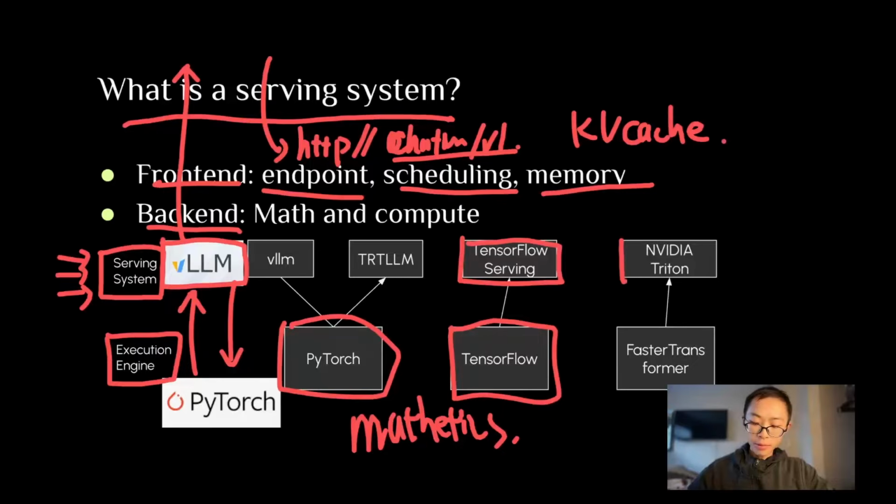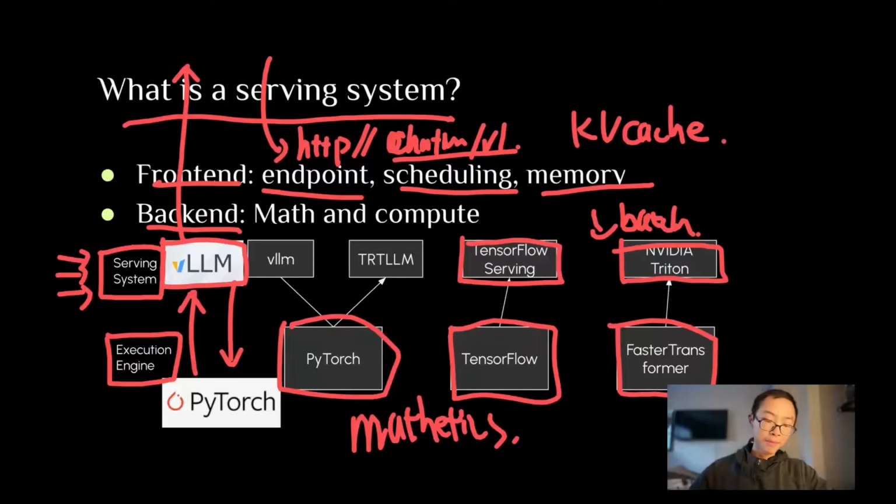One example is NVIDIA Triton, which is responsible for grouping multiple client requests into a batch, whereas FasterTransformer receives the batch and conducts the QKV calculation.